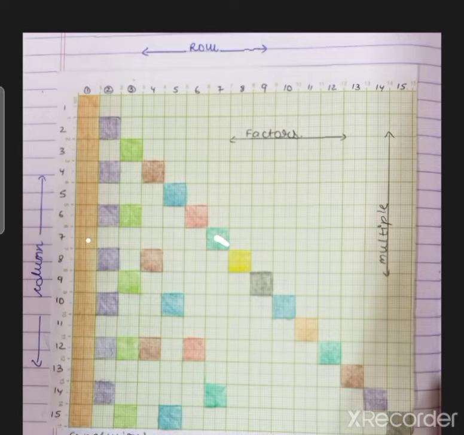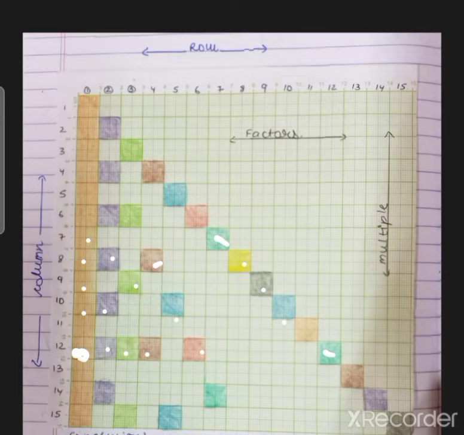What is the factor of 8? 1, 2, 4, 8. What is the factor of 9? 1, 3, 9. Similarly, what is the factor of 10? 1, 2, 5 and 10. What are the factors of 12? 1, 2, 3, 4, this is 6 and this is 12.